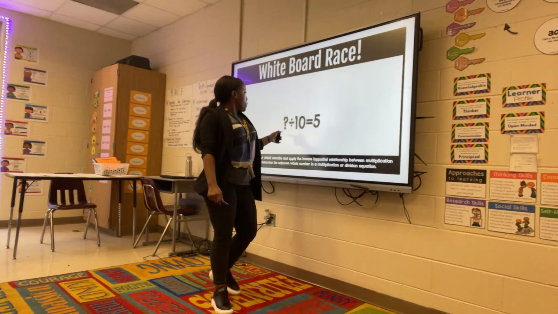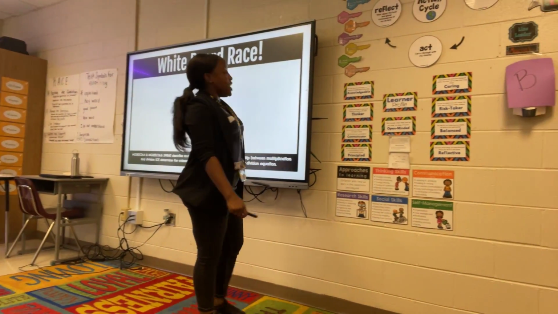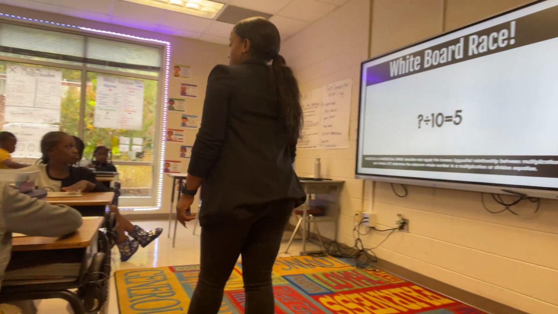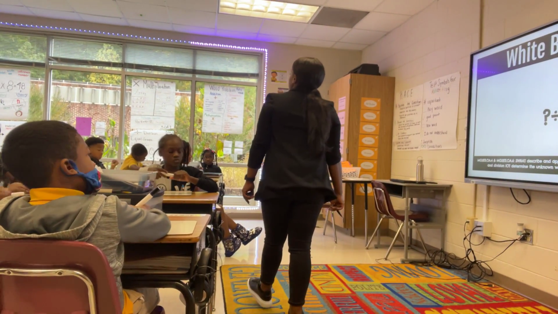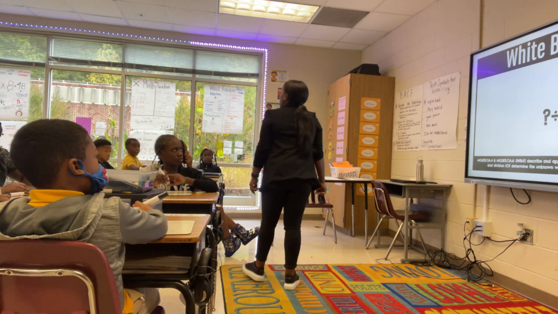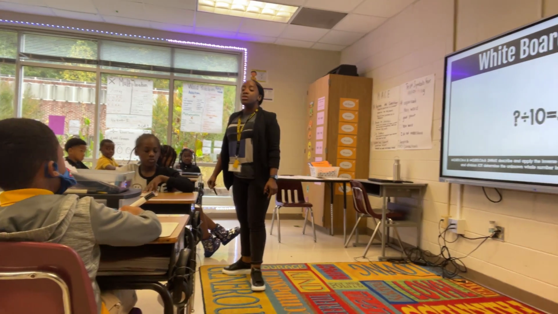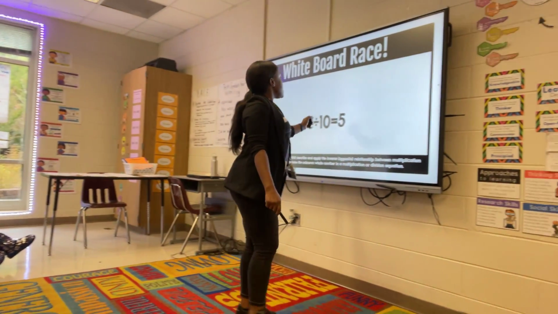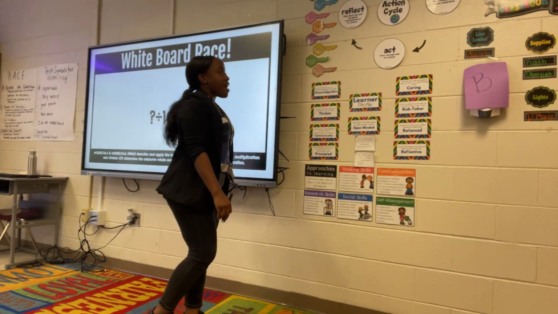I have a mystery number divided by 10 equals 5. Erase your boards. And 5, 4, 3, 2, 1. Let's work it out. I have a mystery number divided by 10 equals 5.